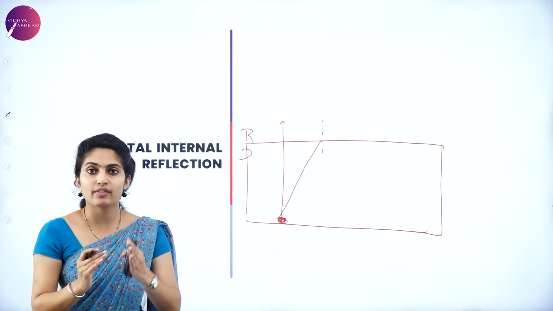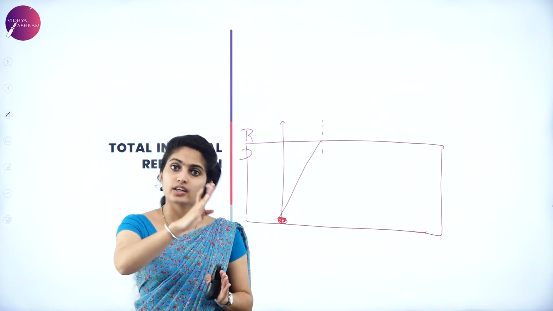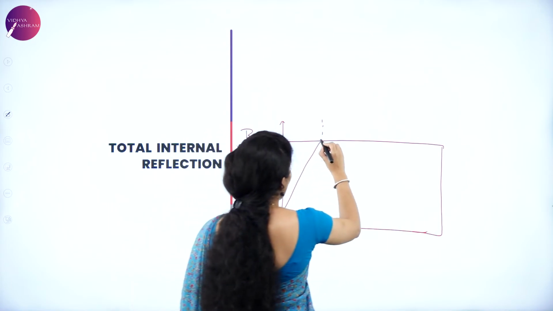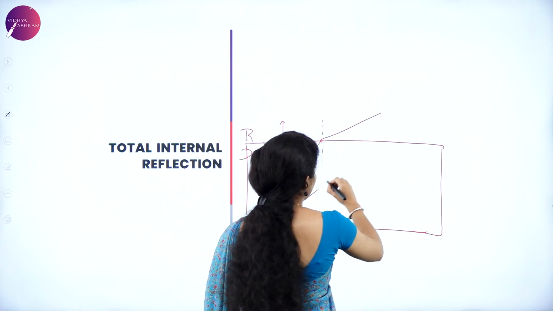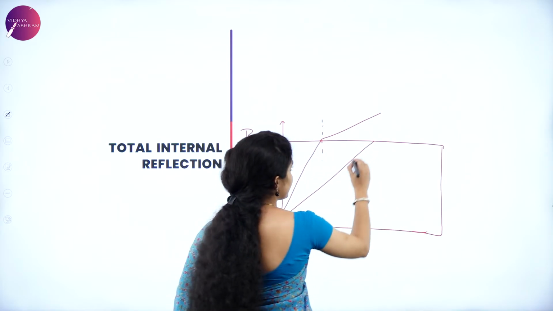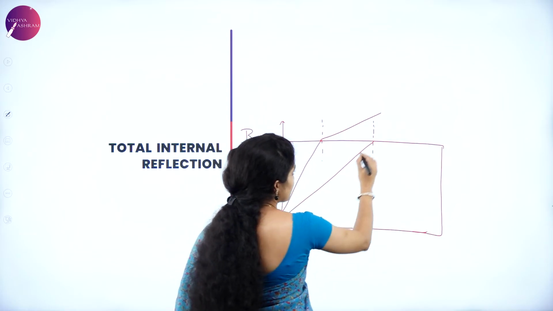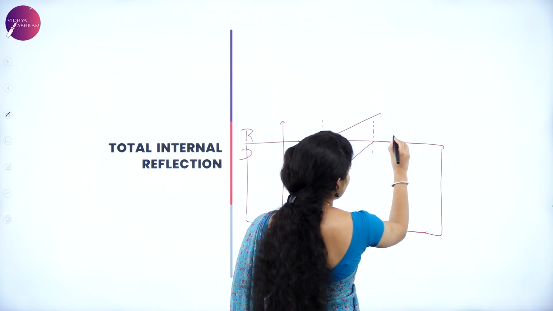When the ray travels from a denser to a rarer medium, the ray moves away from the normal. So, how does the ray move? In this way. And again, if your ray is incident in this way, there is a normal which is drawn to the surface. So, it is giving a deviation, it will be a complete deviation.